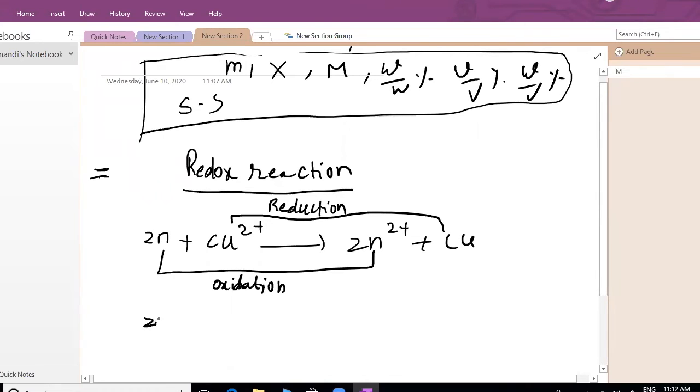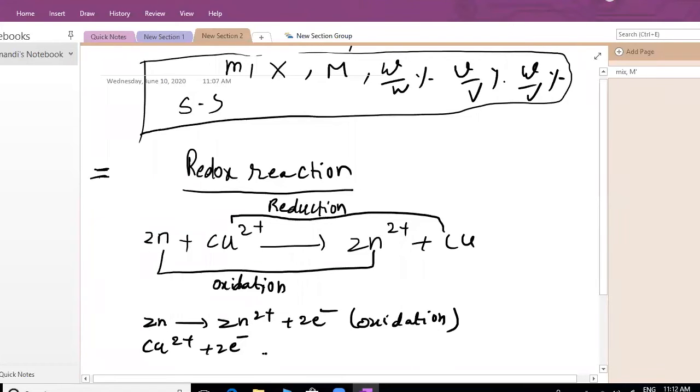Whenever they lose electrons, Zn gives Zn2+ plus 2 electrons. This we call oxidation. In 10th standard, you know the definitions very well. Cu2+ plus 2 electrons gives Cu, this is reduction.